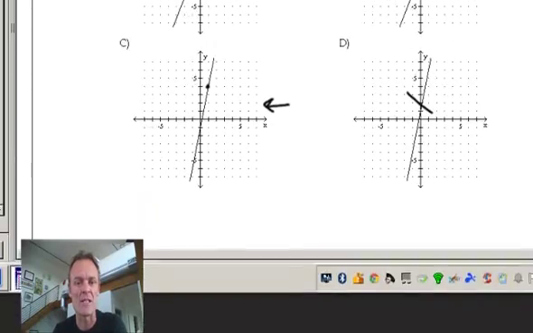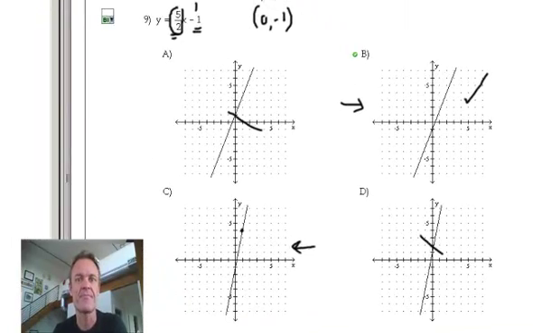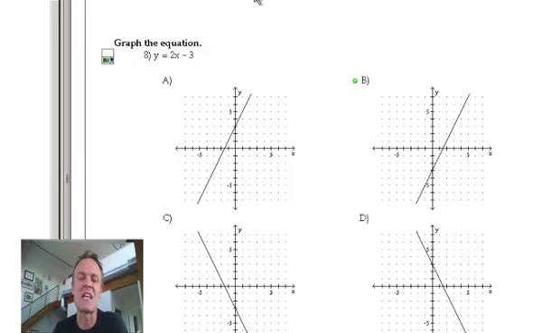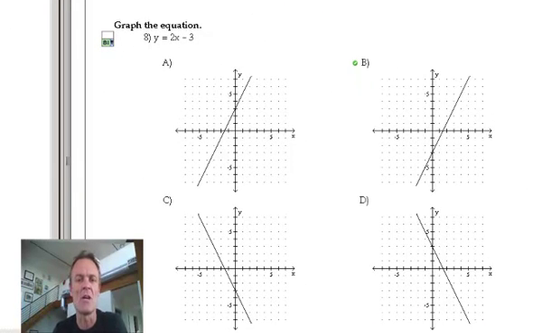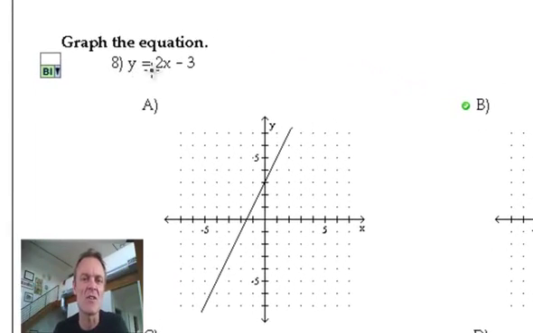Next one. Now, this is just the same thing. I'm just showing that fractions are always nice. You can see how far it goes up the y-axis and along the x-axis, y over x. If you need on this one, just write it as 2 over 1. So I'm going to start at negative 3 and then go up 2 over 1.